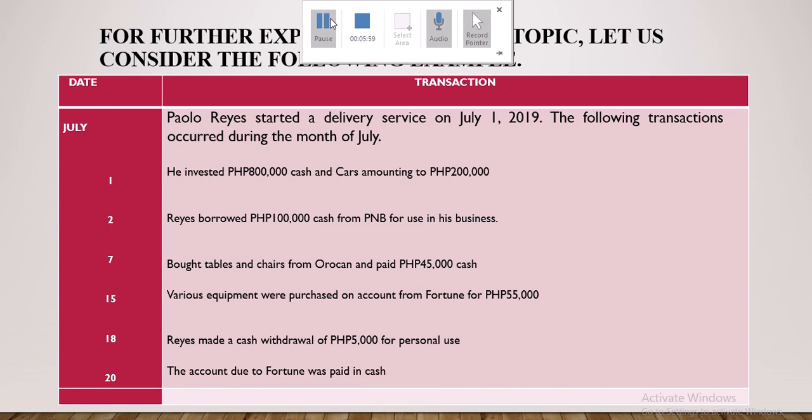And on July 15, various equipment were purchased on account from Fortune for 55,000. So, various, kumbaga, iba-ibang mga equipment ang binili ni Paulo Reyes. So, take note na binili niya itong mga equipment na to on account.